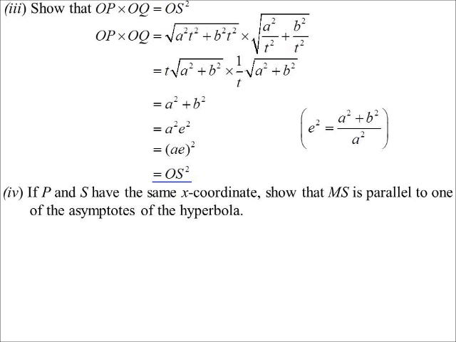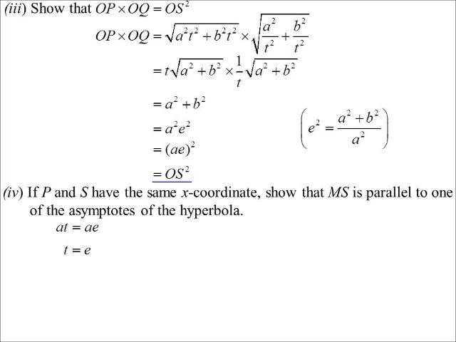Now, if P and S have the same x-coordinate, we're going to show MS is parallel to one of the asymptotes. If P and S have the same x-coordinate, then I now know that at is equal to ae, because the x-coordinate of S obviously is ae.